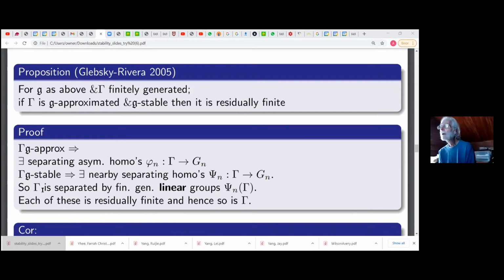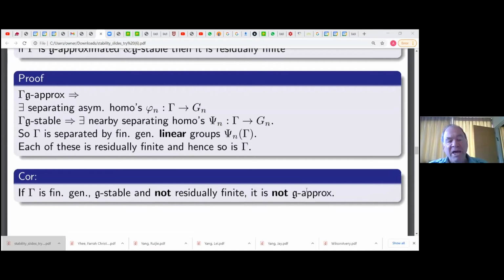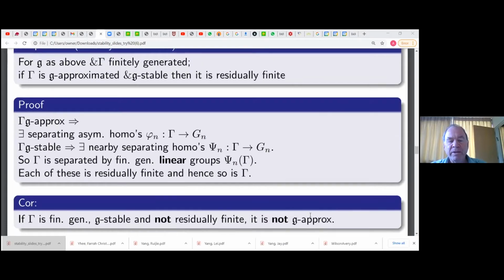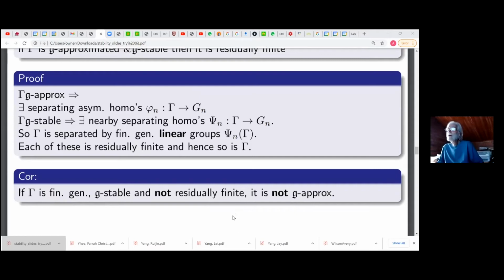Okay, this is a very simple proposition, but it has a great corollary, which is just writing it in a different order, right? If Gamma is finitely generated, G-stable, and not residually finite, then it is not G-approximated, because G-stable and G-approximated should be residually finite, right? So this gives a suggestion where to look for a non-G-approximated group.